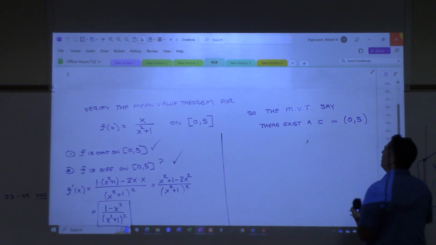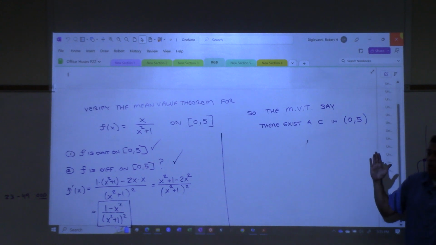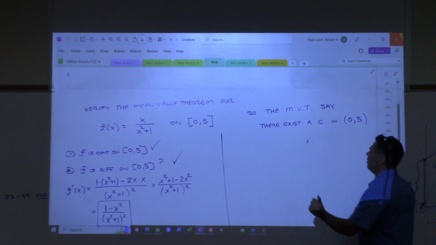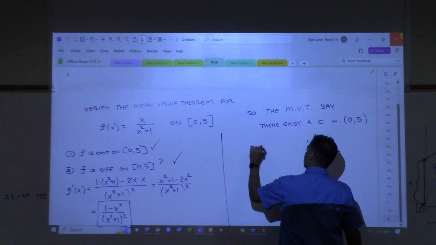It's actually not, it can't be one of the endpoints. Somewhere between 0 and 5, there exists a C in that interval such that this is true.